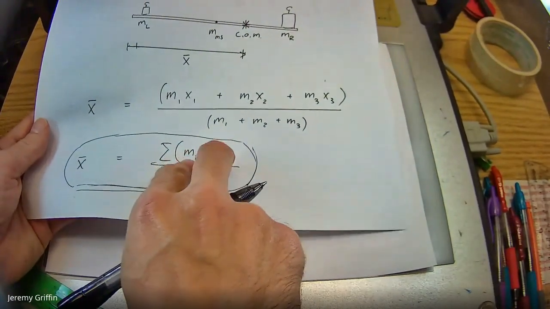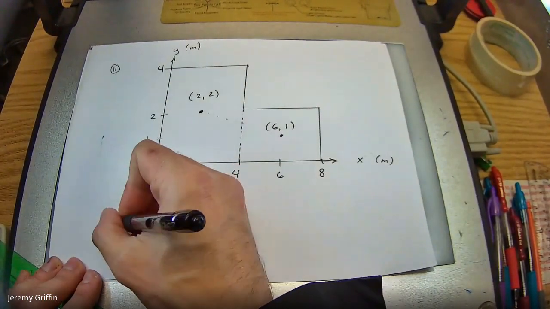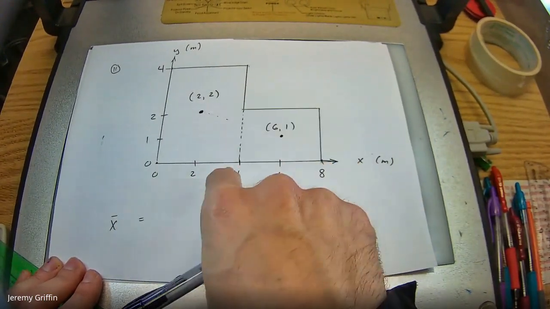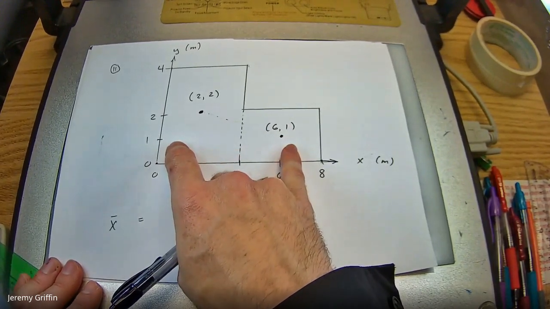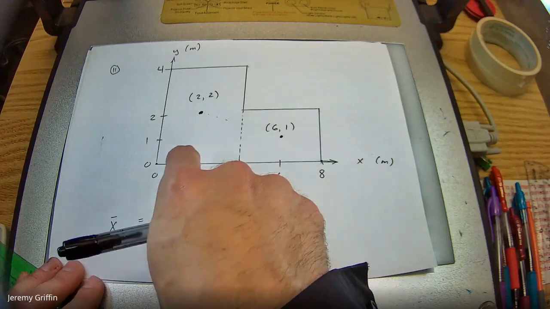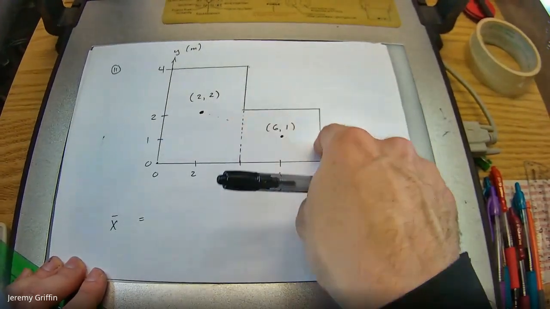So mass times location for each one. For the big rectangle, x bar is going to be, remember your book gave you a hint. It said the mass is proportional to the area. So let's just play off these areas. You see I've got basically 2 units of area versus 1 unit of area.